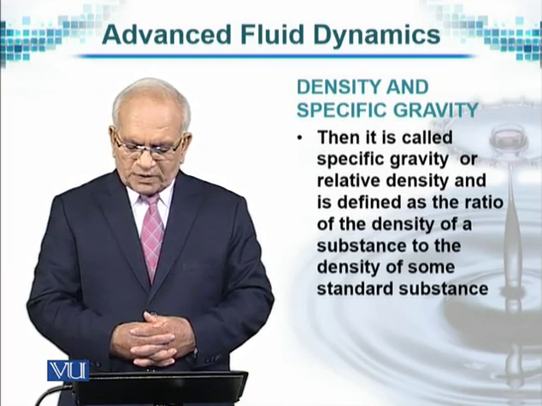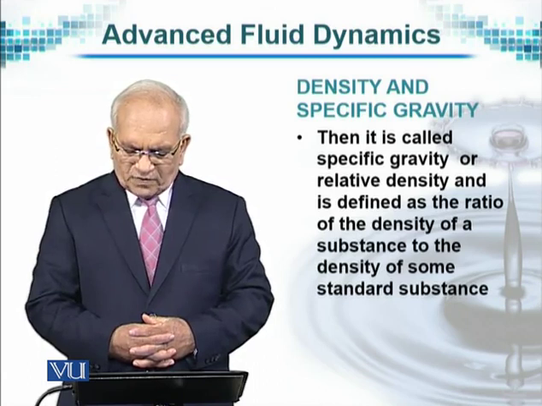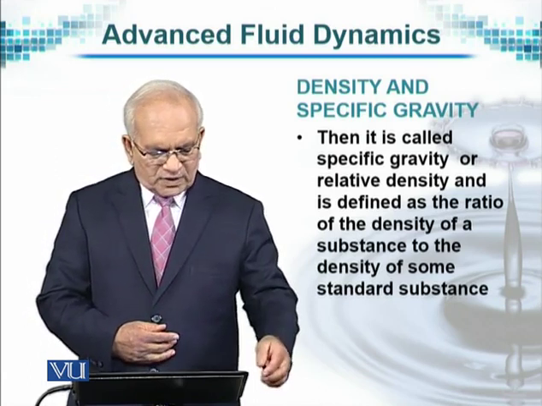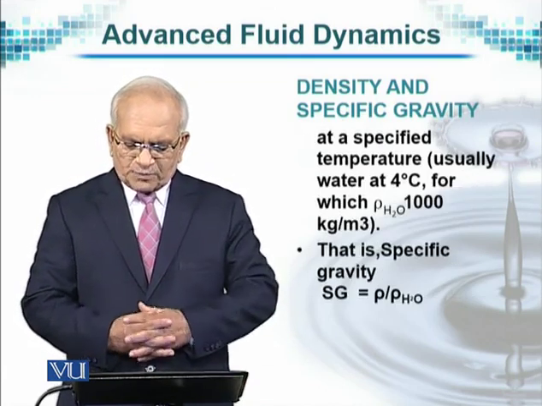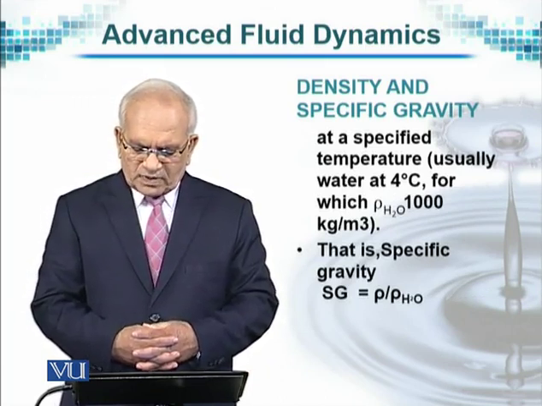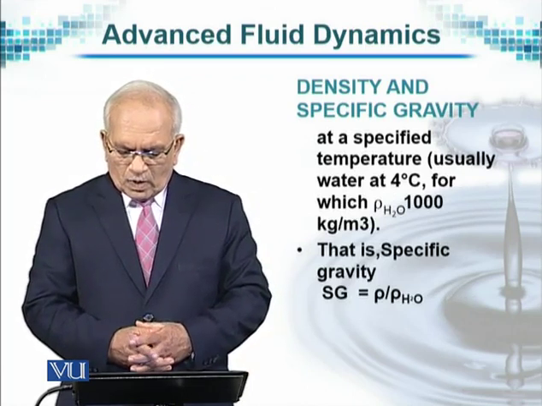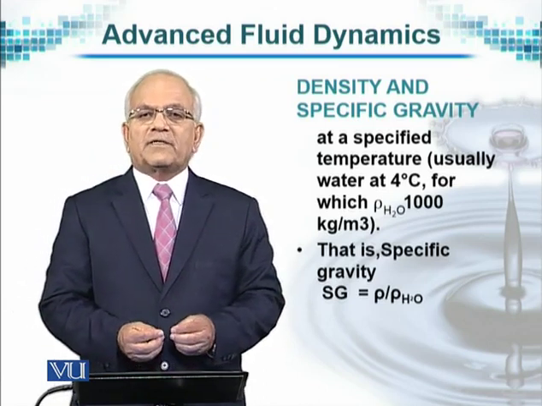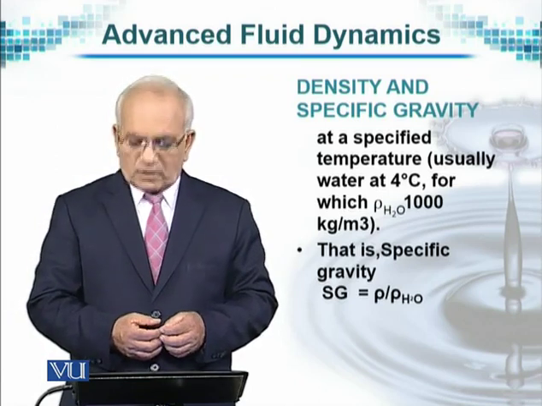Then it is called specific gravity or relative density, and that is defined as the ratio of the density of a substance to the density of some standard substance at a specified temperature. For water, for example, at 4 degrees centigrade, which is rho of water, H2O being the formula we use in chemistry to represent water.